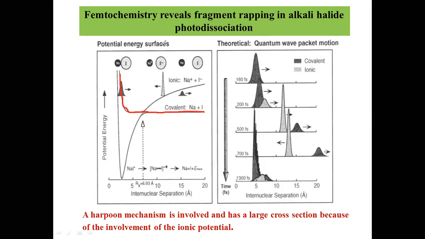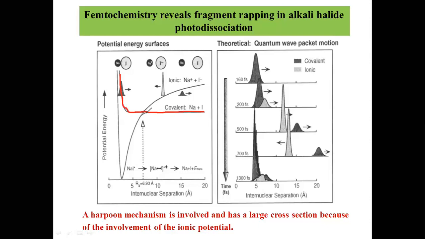Let's say that's a different color, blue, right? So at this point, what happens? The harpoon mechanism sets up. Sodium throws its electron as a harpoon, and iodine picks it up.